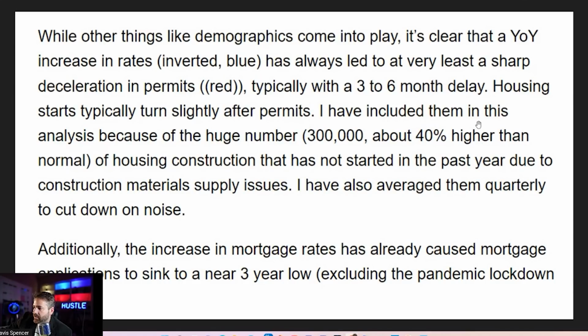I have included them in the analysis because of the huge number of housing construction that has not started in the past year due to construction material supply issues. I have also averaged them quarterly to cut down on noise. Additionally, the increase in mortgage rates has already caused mortgage applications to sink to a near 3-year low. So again, you guys, I repeat, allow the surging interest rates to do its job.